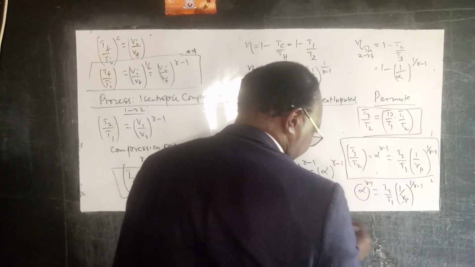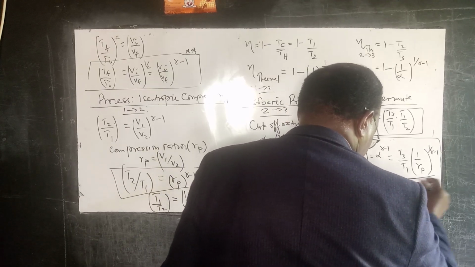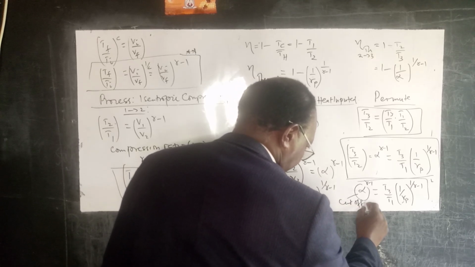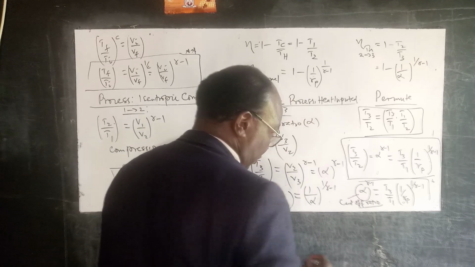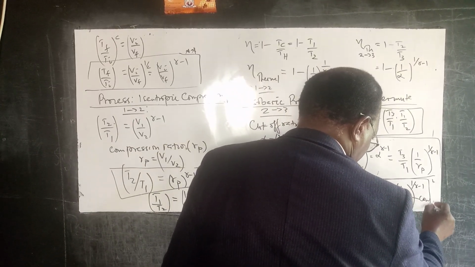This ratio here is related to this particular ratio here in the manner which you observe. So we have the cutoff ratio and here we have the compression ratio.